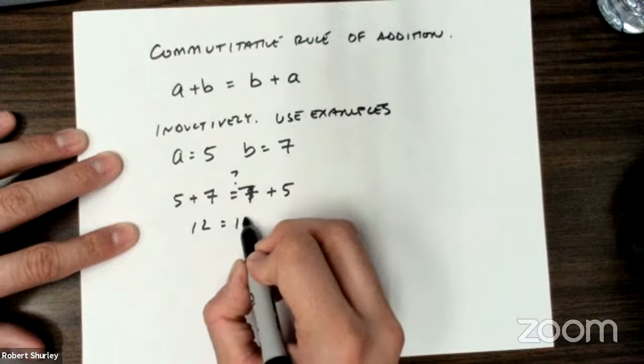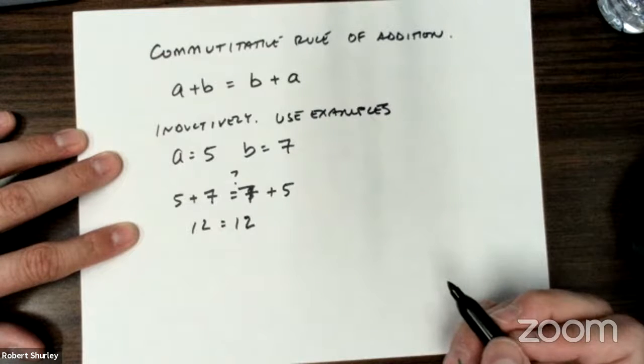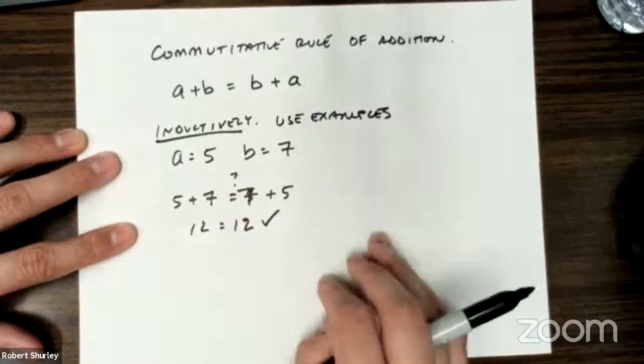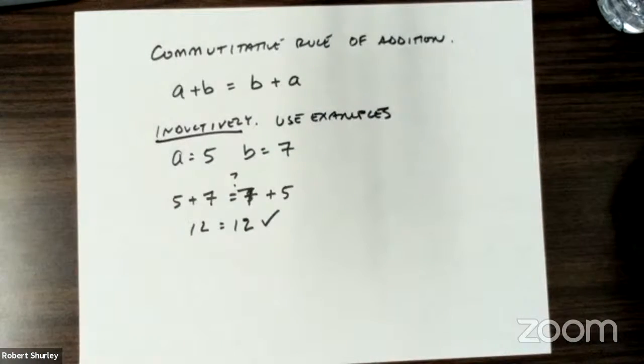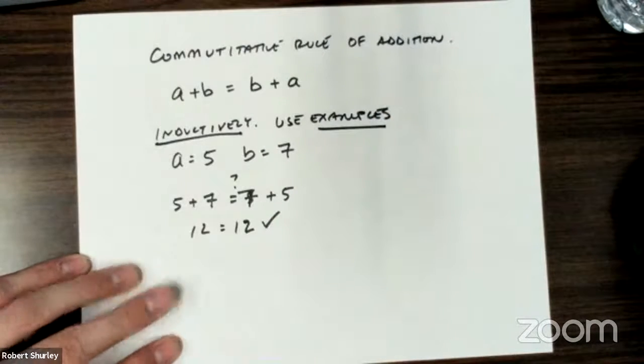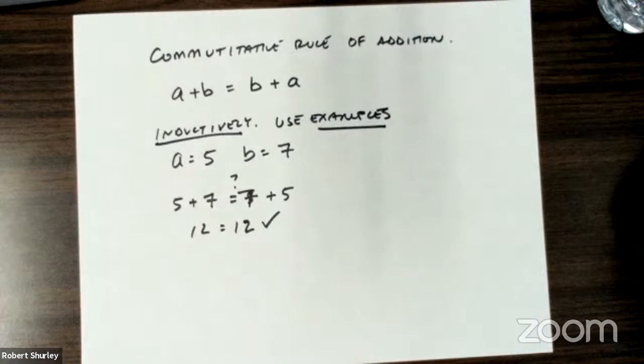And that's equal to 7 plus 5, which is also 12. So that shows it. Now, look, this is inductively showing it. You haven't deductively shown it. You've inductively shown it because you've used an example, okay? You've used an example. Therefore, it's inductive reasoning, okay?